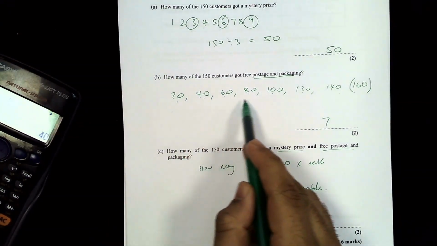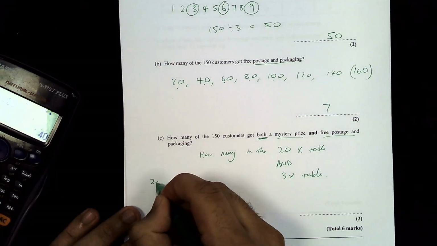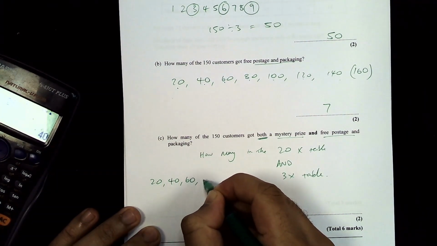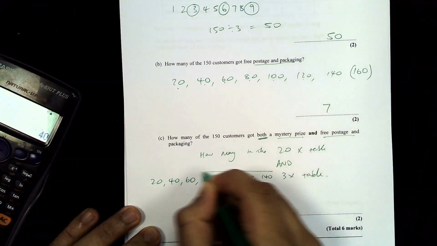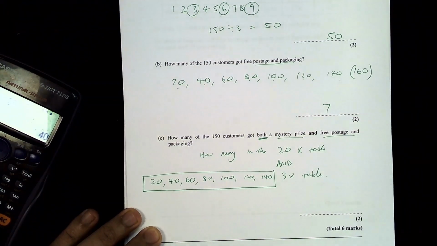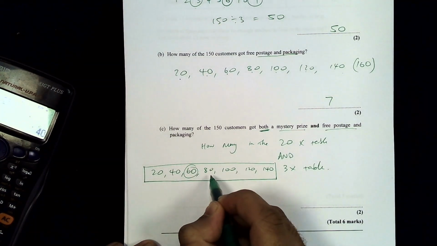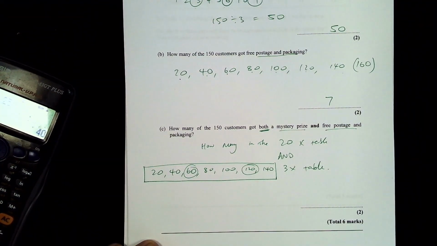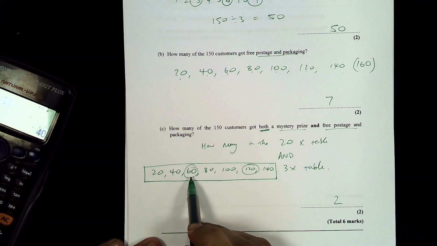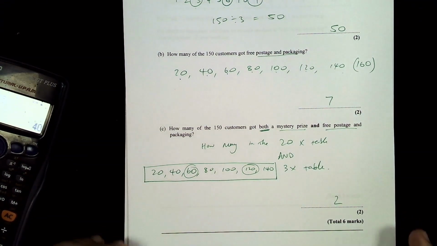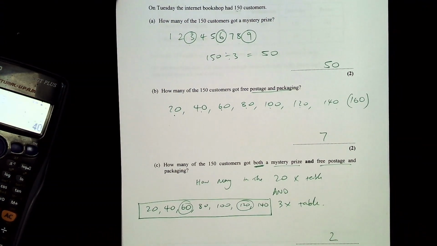So what I'll do is write them again. 20, 40, 60, 80, 100, 120, 140. These are all of the free postage and packaging winners. Now I'm going to circle all the numbers that come in the 3 times table. Nope, nope, yep, nope, nope, yep. So how many customers got both? 2. The 60th customer and the 120th customer, lucky them, got free postage and packaging and a free mystery prize.